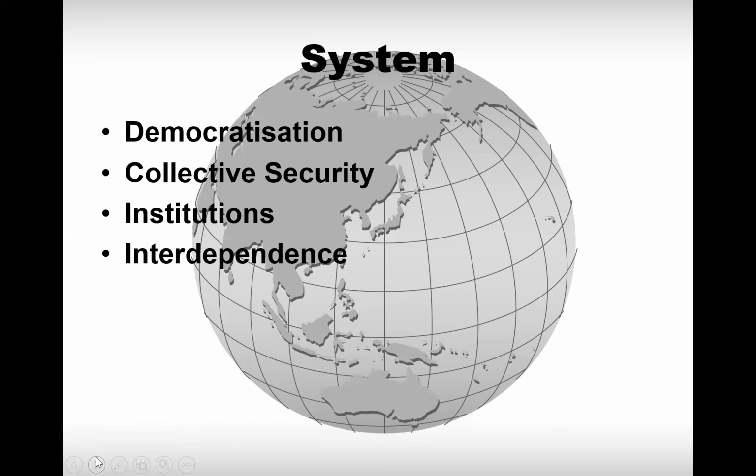This would give rise to the idea of interdependence. So interdependence means that states would then depend upon one another. So interdependence is specifically a theory which looks at international political economy, meaning that if states are dependent upon one another in terms of trading with one another, then they are unlikely to go to war.